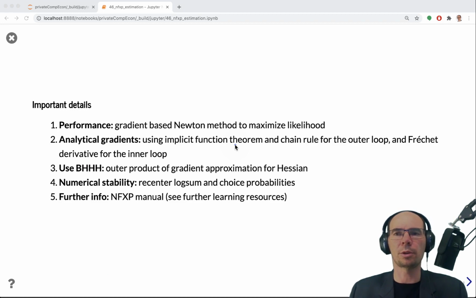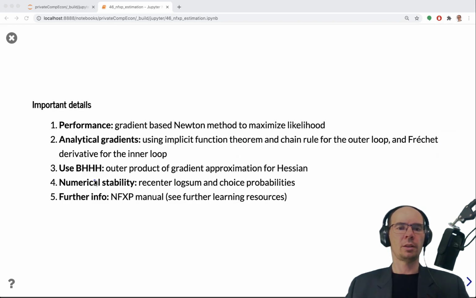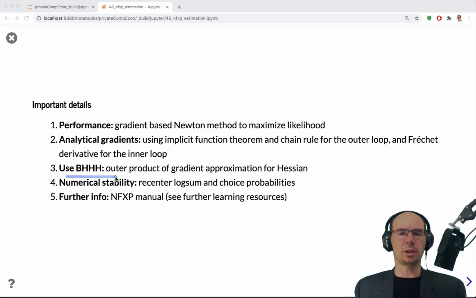And this is also where we wanted to avoid the calculation of the second derivative of the likelihood function, because it would require some second-order Fréchet derivatives of the operators and things like that. So it's nice to be able to avoid. Then we're using BHHH in this application, as everybody should when maximizing likelihood.